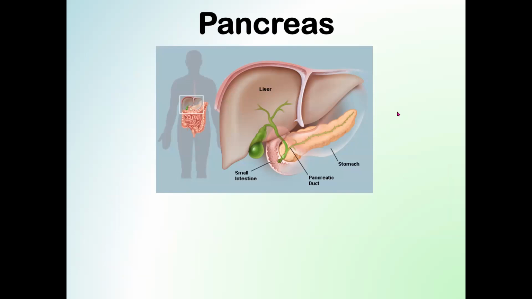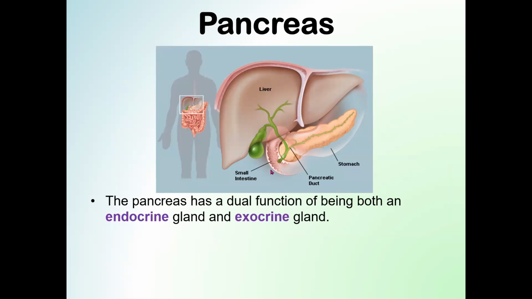For the pancreas, now it's got two functions. It functions as an endocrine gland. It produces hormones and it produces enzymes. So what it looks like, it's along there behind the stomach. Remember, here's the bile duct, and that's from the pancreatic duct, and they're coming to the duodenum there. So the endocrine and the exocrine functions, the endocrines refer to hormones, exocrines to enzymes.